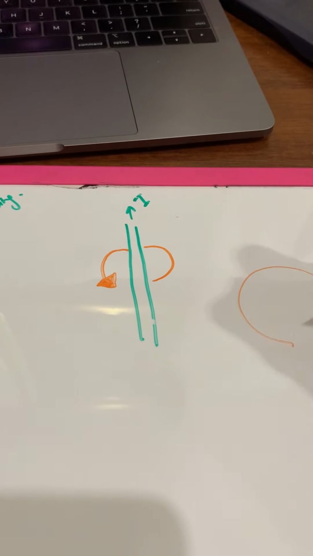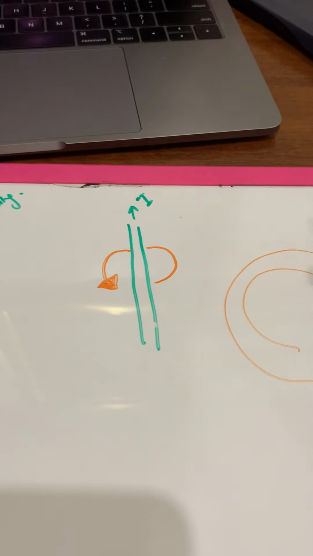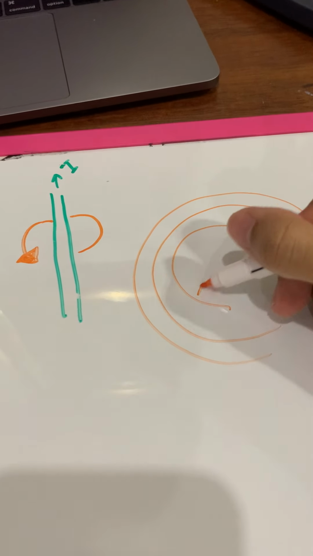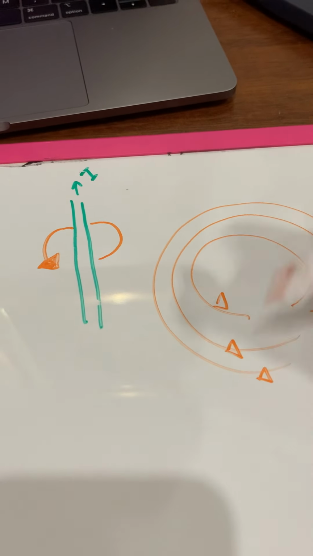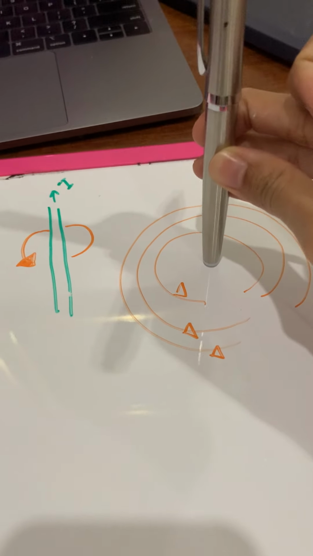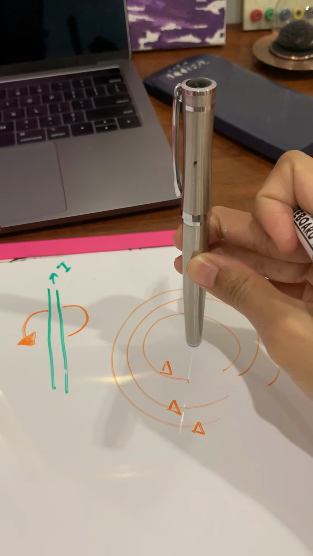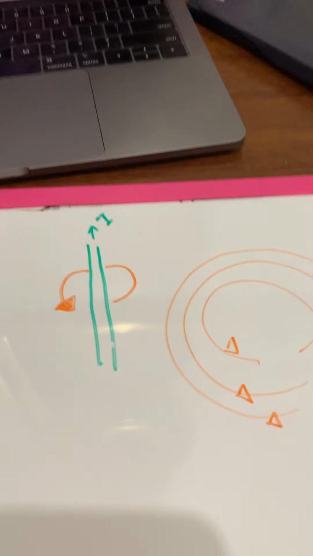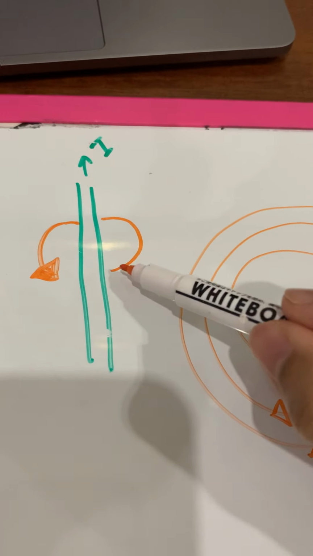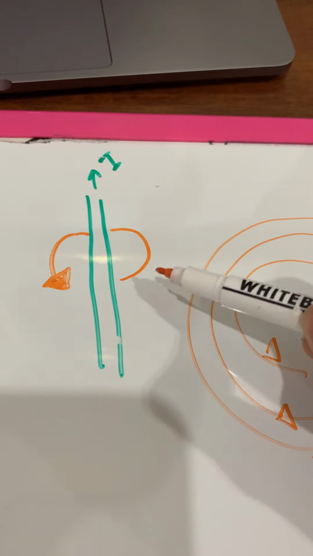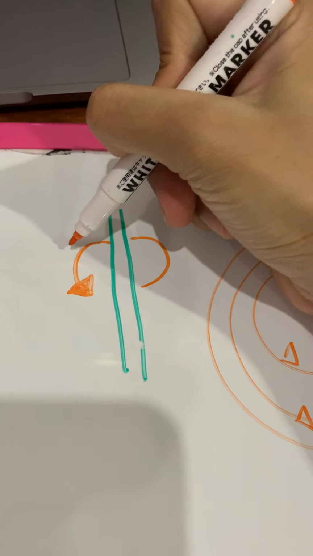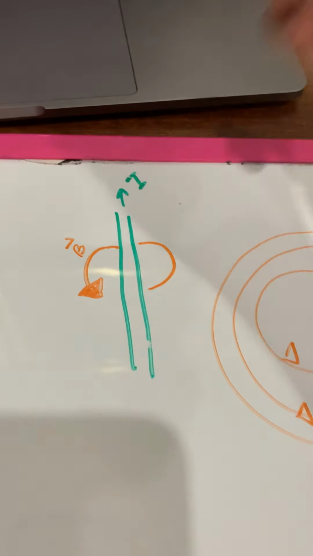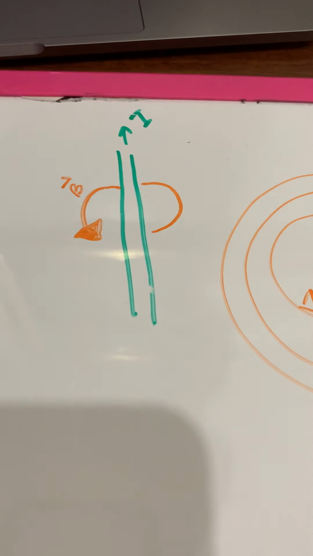So the magnetic field will look like this, in anti-clockwise. So this will be my B, like that. This is if it's in 3D for this guy. Alright, so the magnetic field that is produced by the wire is in the anti-clockwise direction.